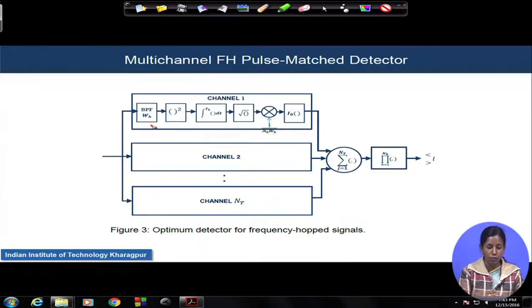What we get is a band pass filter which has a bandwidth not of WSS, but the hopping channel bandwidth. Then it enters the square law device, then an integrator where the integration time is synced with the hopping time duration. Then you have a decision here, and it is scaled also.